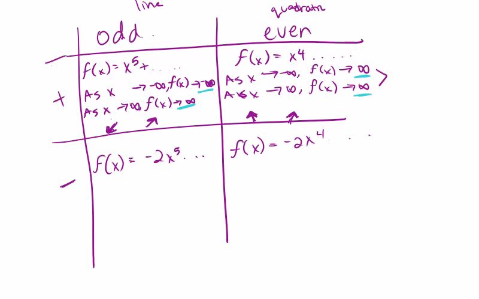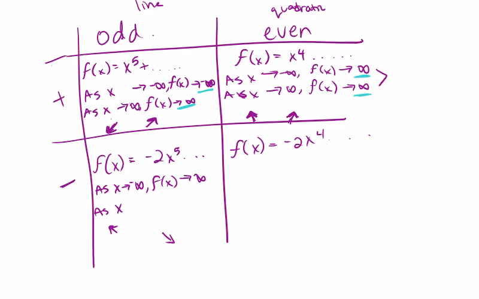Okay, so then if it's an odd function and it's negative, so this would be like a negative line, it starts up and goes down. So as x approaches negative infinity, f(x) approaches infinity. So as x gets smaller, y gets bigger.